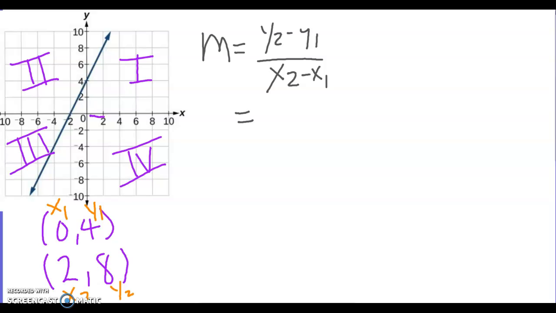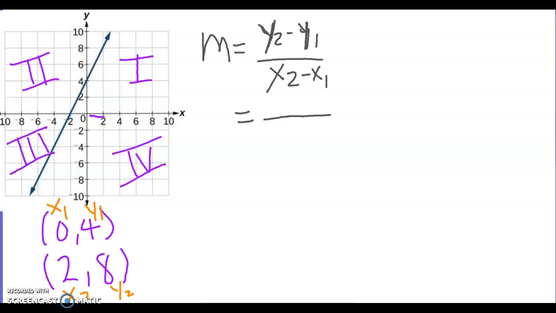So, Marley, can you help me? So what am I going to plug into the numerator up here? Remember, this is y2 minus y1. 8 and 2.